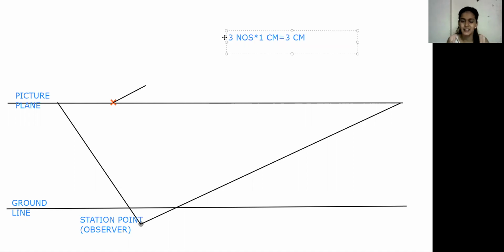And on the other side, there is a width. And how much is the width? 1.5 meter, which we have converted into 5 centimeter. So one side is 3 centimeter and the other side is 5 centimeter.